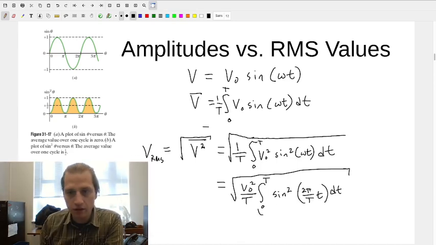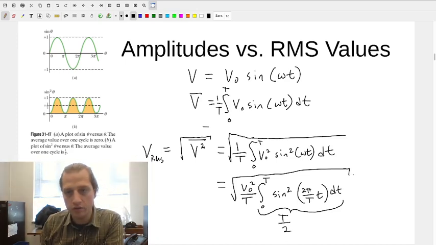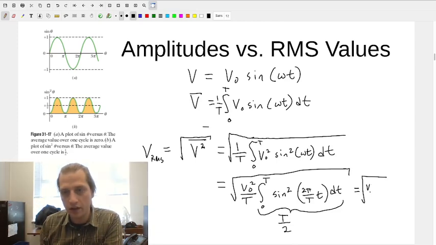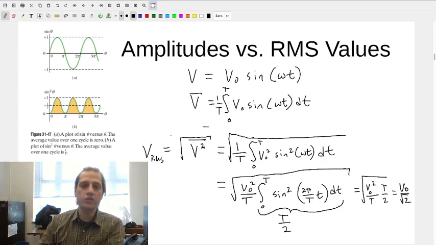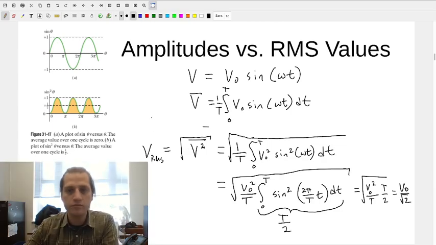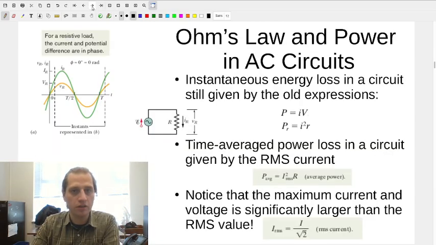It turns out that this integral will just give me, in the end, T over 2. So this whole thing is just the square root of V naught squared over T times T over 2, which just gives me V naught over the square root of 2. So that's where our extra square root comes from in all of these equations.